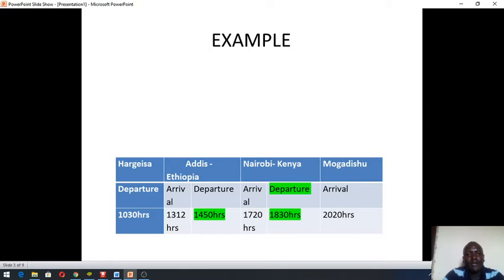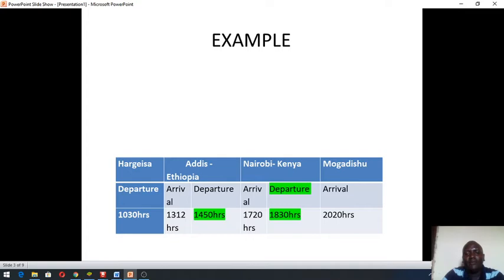From Hargeisa we are not given the time, but we are given arrival at Ethiopia, 13:12 hours. We are given the time the aeroplane left Addis, that's the departure, 14:50 hours.